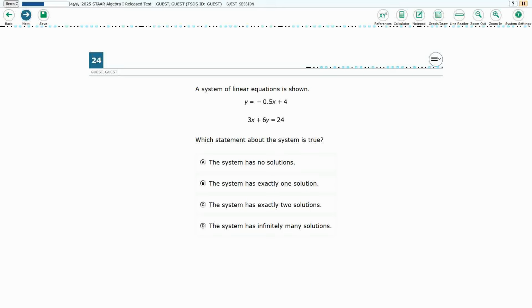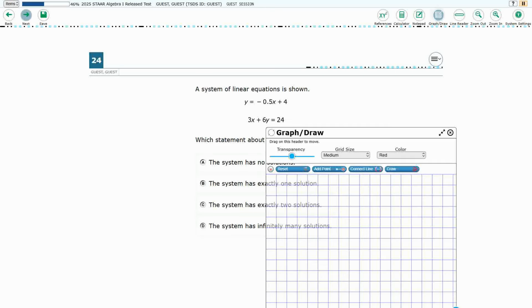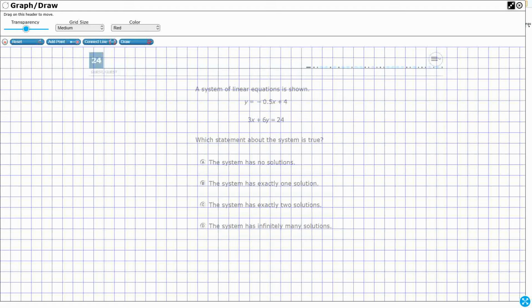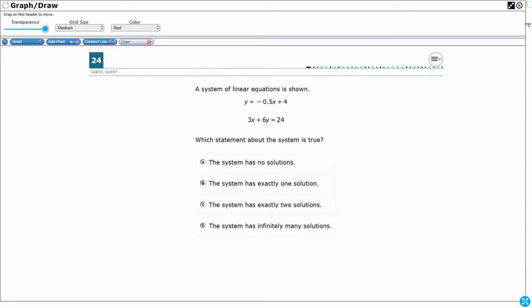Next, for number 24, we are looking at solving systems of equations. This is A.5c, and we've got 2 different systems of equations, and we need to come up with a solution. Well, there's a few different ways we can solve this: substitution, elimination, we could graph it.